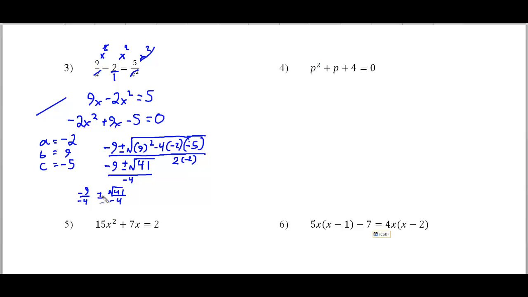Now there's some simplification we have to do here. First of all, do not leave negative 9 negative fourths. Make sure that is a positive 9/4 because double negative errors are going to occur. Also, you'll notice that this is added and subtracted. Now, it is common to just drop one of the negatives from the problem because adding a negative and then subtracting the negative is going to give us the two same answers.